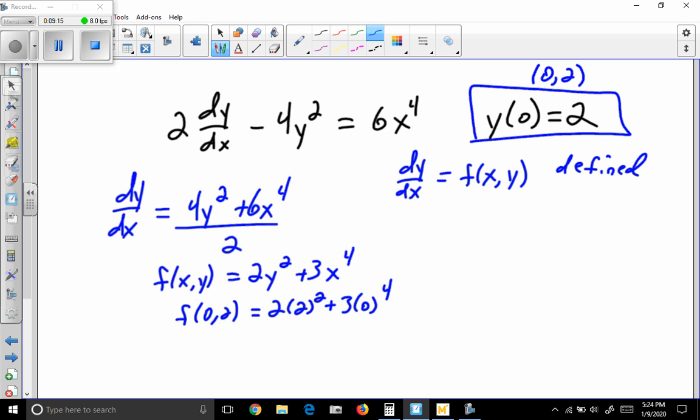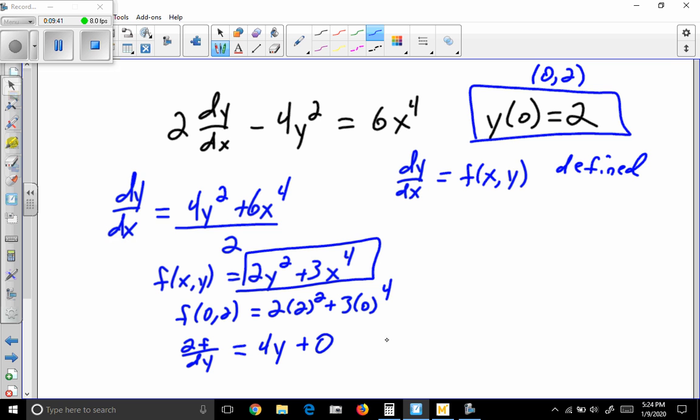So then we need to check our partial. We need to take the partial of this with respect to y. If this is f of x, y, and we take the partial of that with respect to y, the first term gives us 4y. If we're taking the partial with respect to y, we treat all of this as a constant, so the derivative of that is 0.